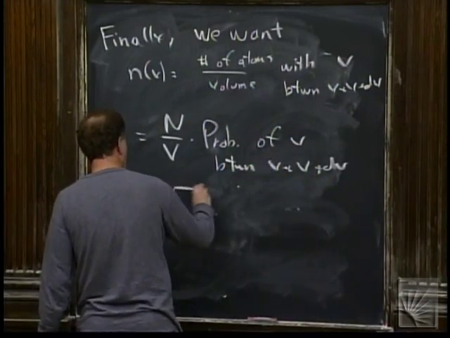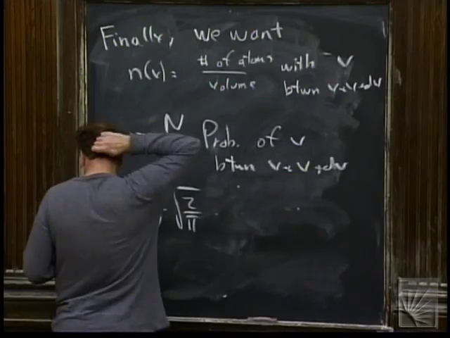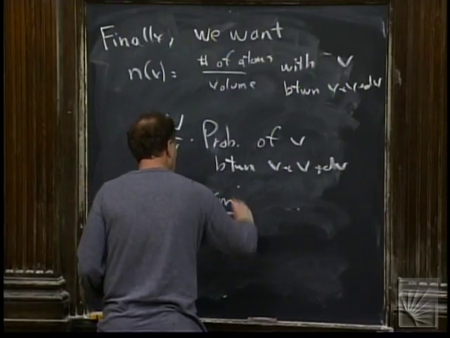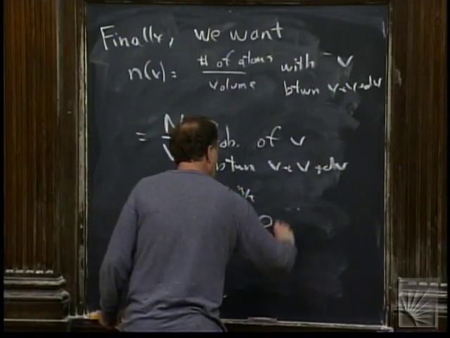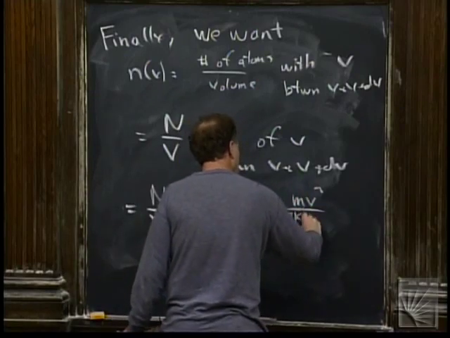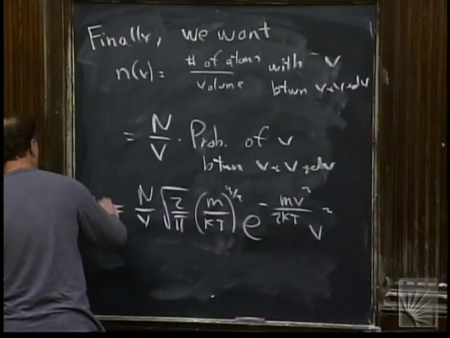N over V, 2 over root pi. That comes from combining the 4 pi with the term in the denominator there. M over kt to the 3/2, e to the minus mv squared over 2kt, v squared. So this is n of v.